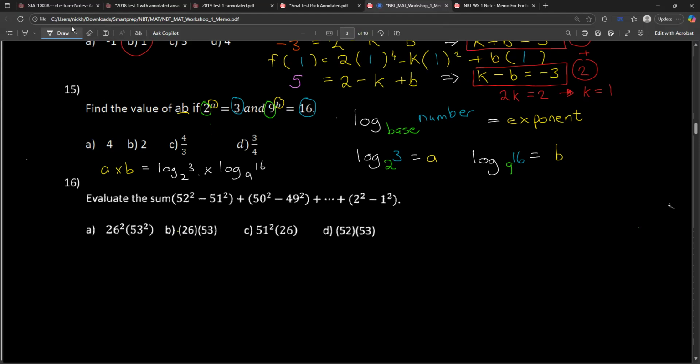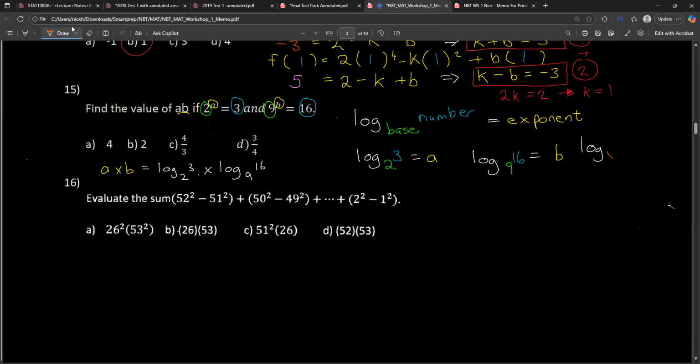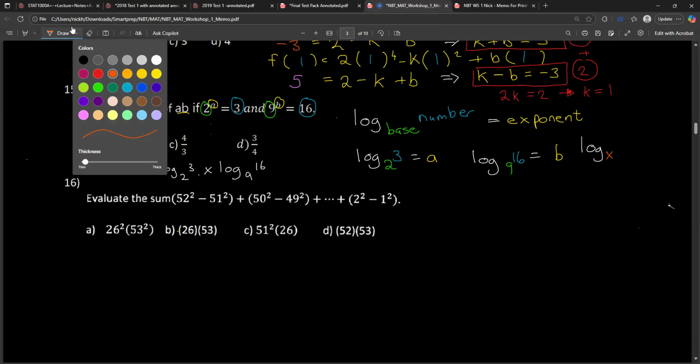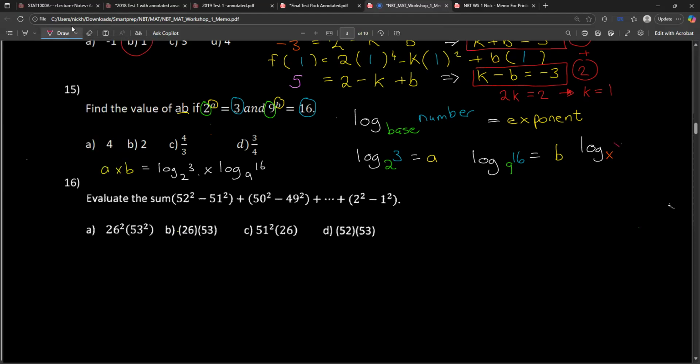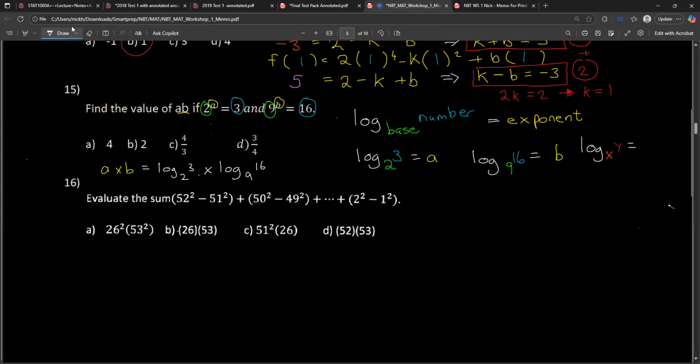Okay, now the next thing you have to know is if you have log and you have an A here, well, let me not call it A because that may confuse the matters a little bit. Let me just call this x, and I'll call the other thing y. Log x of y equals.